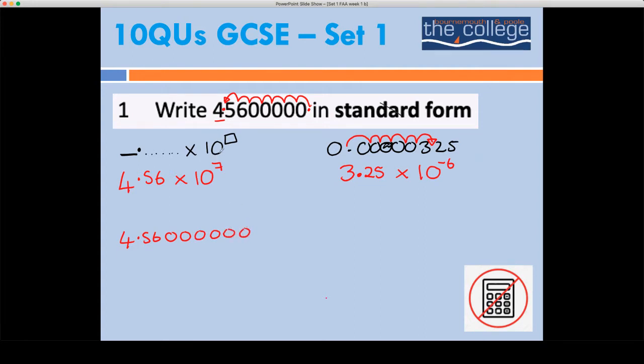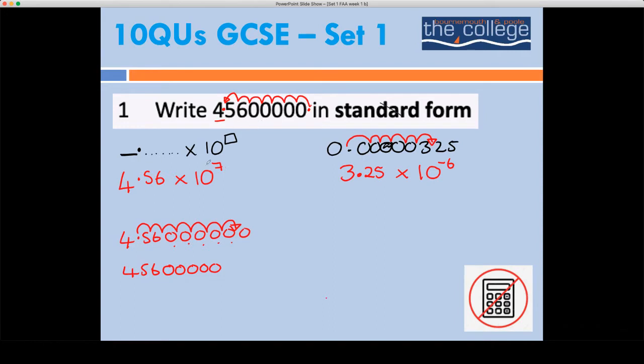Now to get it back to an ordinary number, you would move the decimal point to the end. 1, 2, 3, 4, 5, 6, 7, because it says power 7 here. If I rewrite that, 4, 5, 6, I've got 1, 2, 3, 4, 5 zeros. It does not just mean add 7 zeros. And you can see that's way back where we started from.